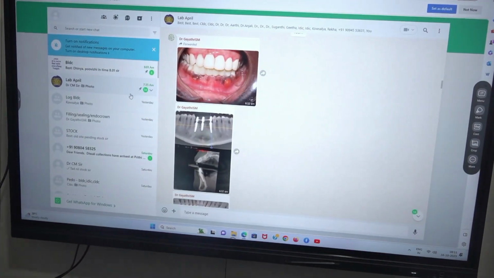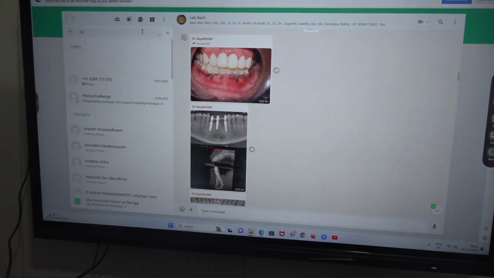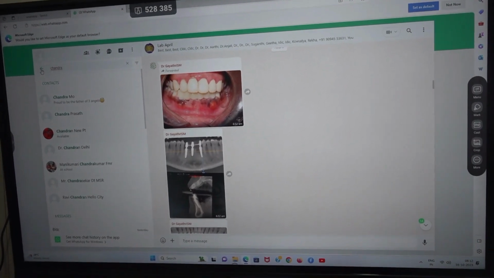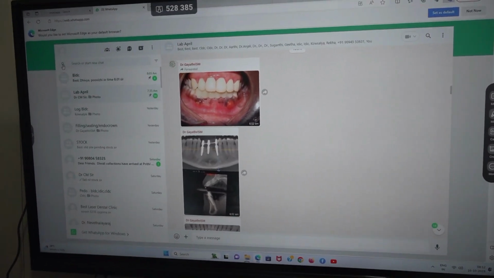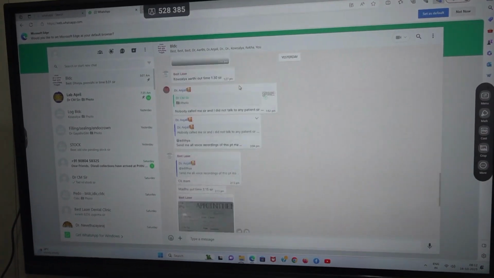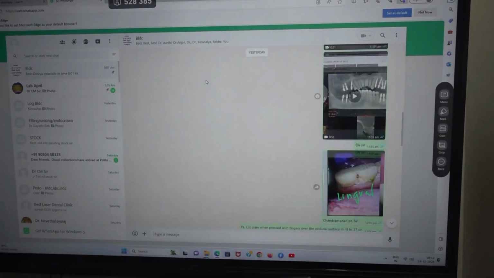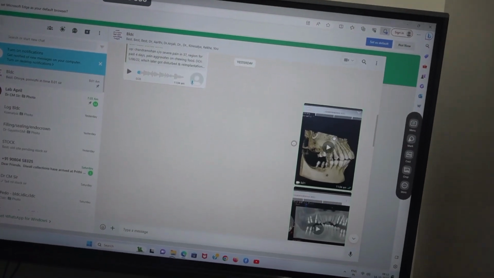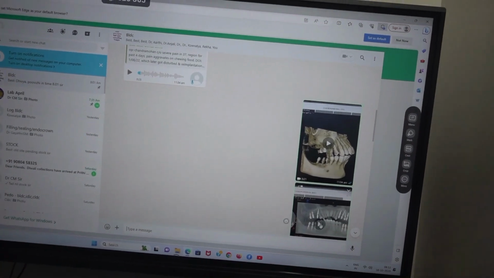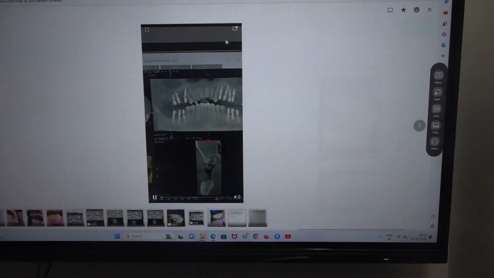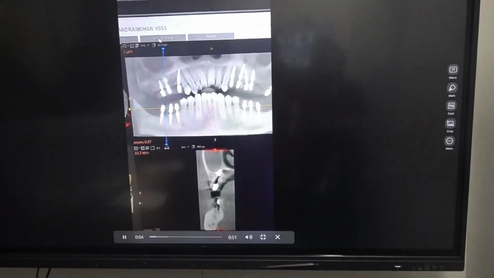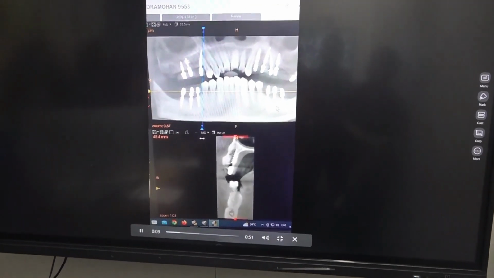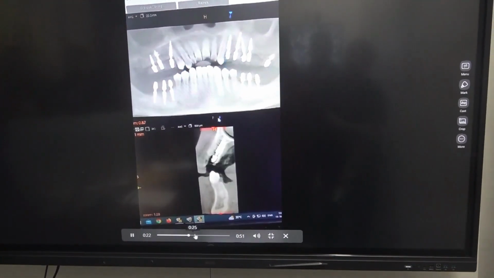Patient for the left side, one rigid implant, but two elastic implants.